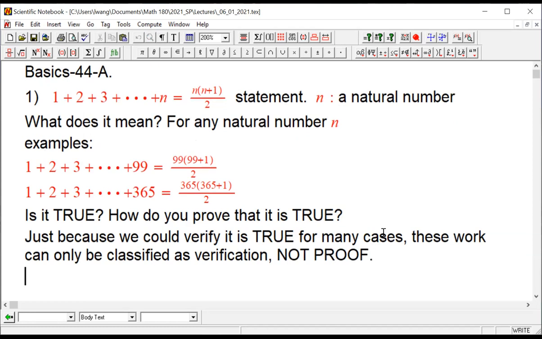To prove, you have to say that for n equal to any natural number, it is true. So in order to prove that, a method was developed. This method is called the mathematical induction method. So this method introduced is called the mathematical induction method.